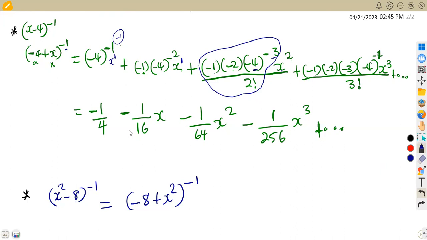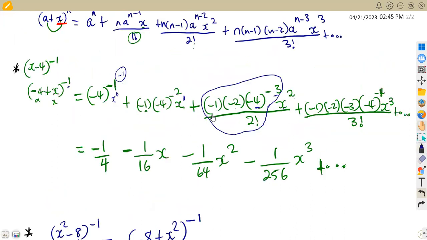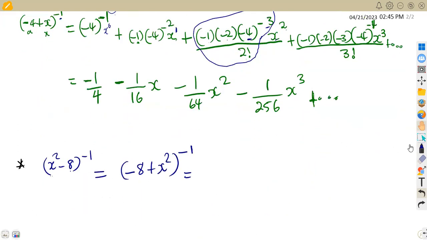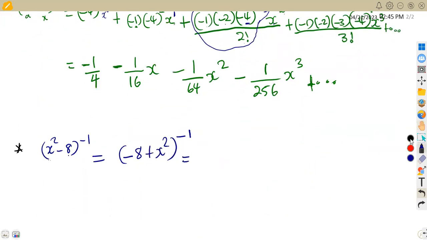Okay, so we are going to expand. Remember, we say this can be given as the first term to the exponent of n here. That's a to the exponent of n, of which our a in this case is -8. So let me just write as a and x so that you understand. So this is your a, this is your x. So that means a to the exponent of n, which is -8 to the exponent of -1.